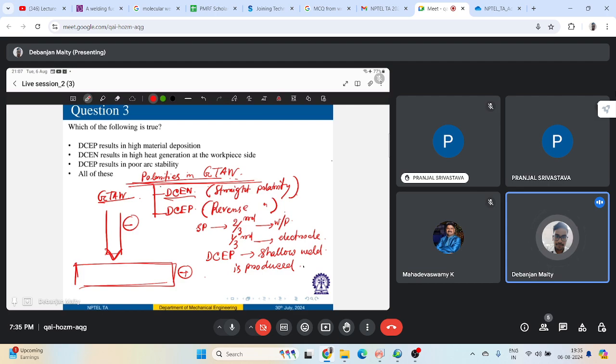And this is the same reason why DCEP is used for welding thin sheets of strong oxide forming materials such as aluminium and magnesium, where deep penetration is not required. If you need deep penetration or are joining steel material, you have to use straight polarity.